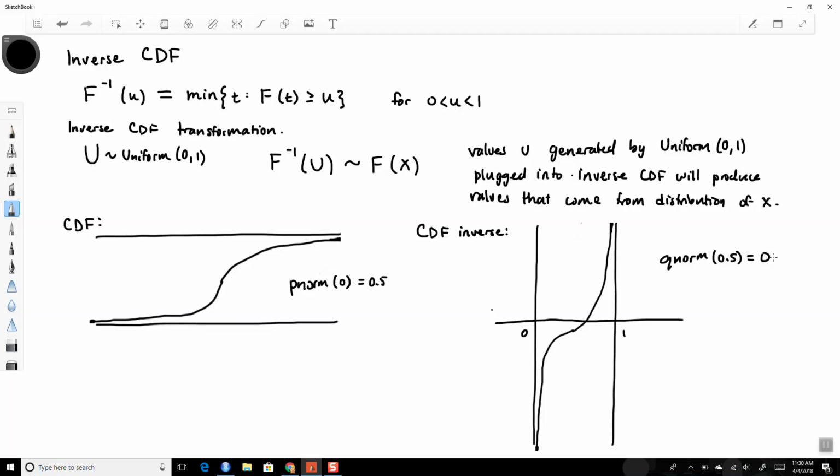Okay? And if I plug in q norm 0.025, what would I get? So if I go to 0.025, I would get negative 1.96. No? Yes? I would. Okay?